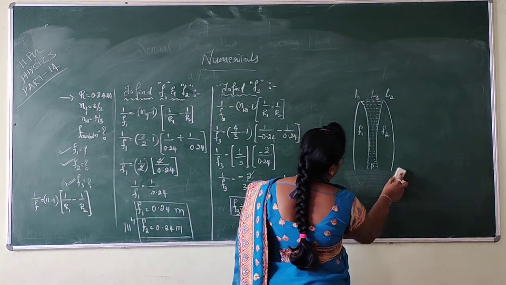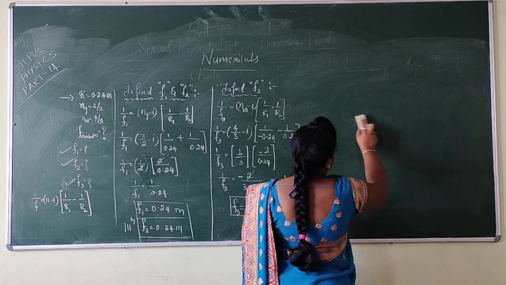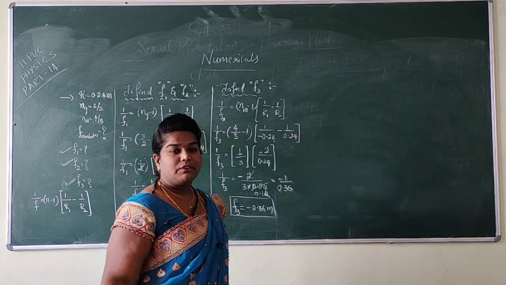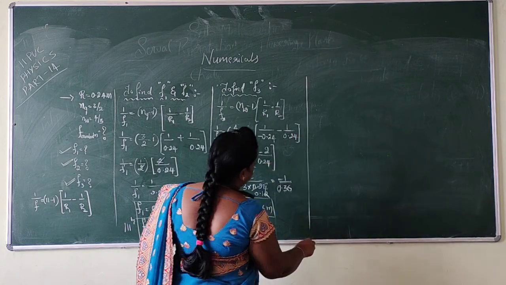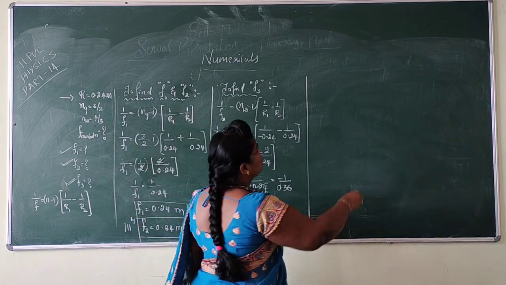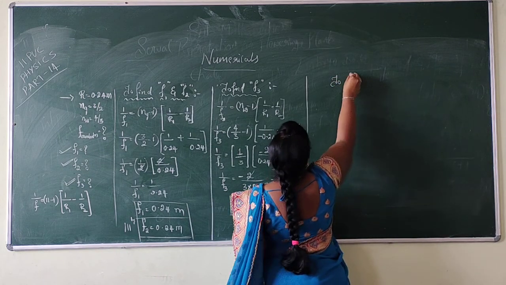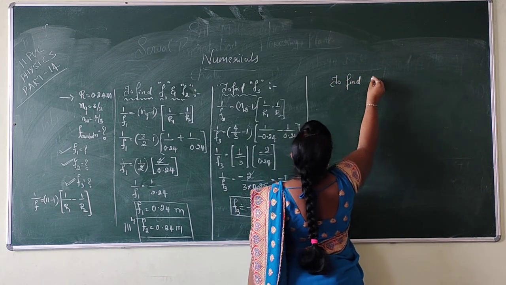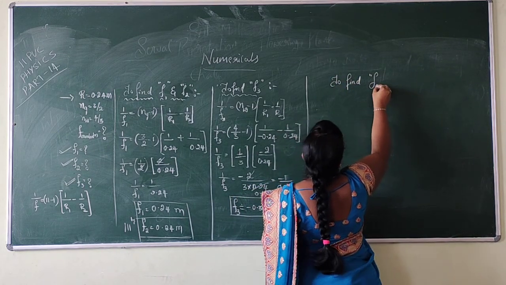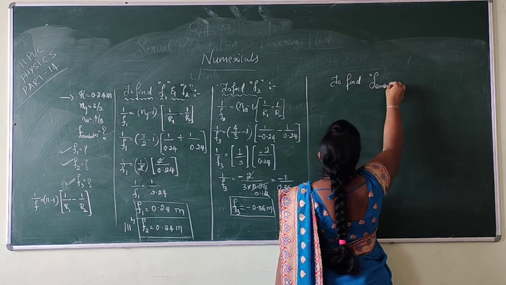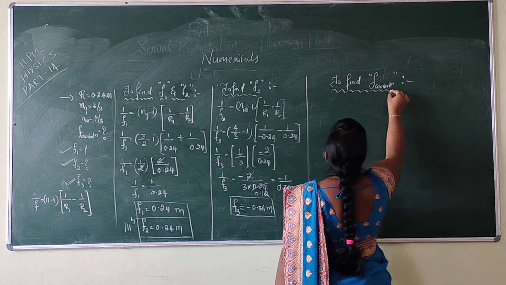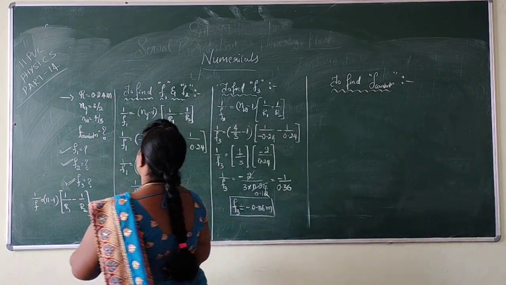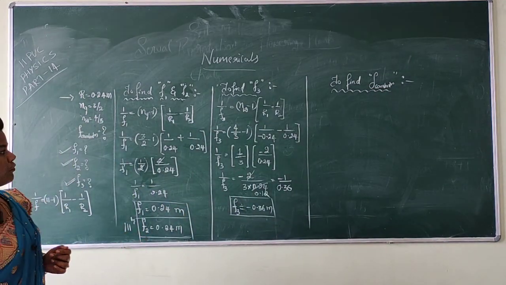Now let us move on to the calculation of the F combination, that is, the focal length of the combination of the three lenses. Now what I am calculating is to find F combination. So what is the formula to find the F combination?